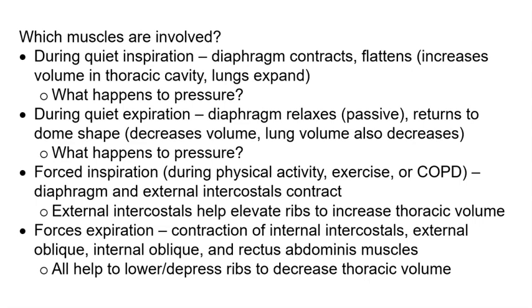On the other hand, forced expiration involves contraction of the internal intercostal muscles, the external oblique muscle, the internal oblique muscle, and the rectus abdominis muscles, because all of these muscles help to compress and lower the ribs in order to decrease the thoracic volume, which increases the pressure in the alveoli and lungs and creates airflow out of the lungs.